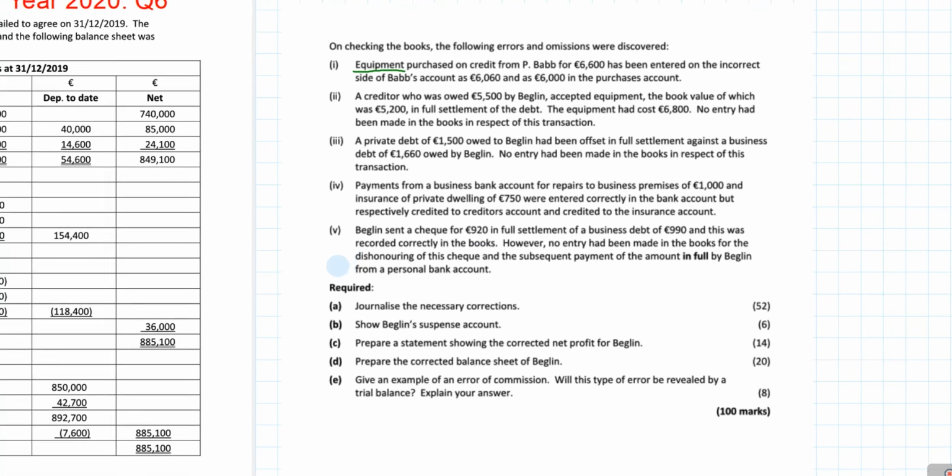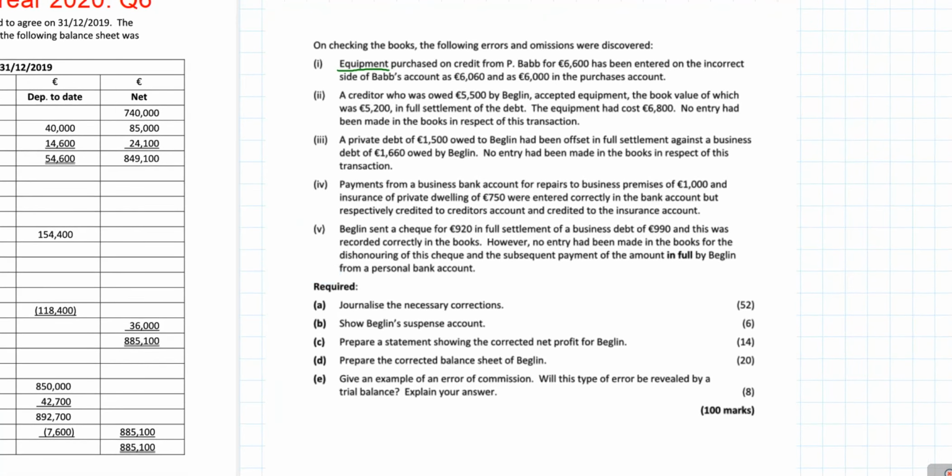So we have equipment purchased on credit from Bab, so he's just a creditor. So it's purchased on credit for 6,600 had been entered on the incorrect side of Bab's account as 6,060 and as 6,000 in the purchases account. So essentially we made loads of errors with this.